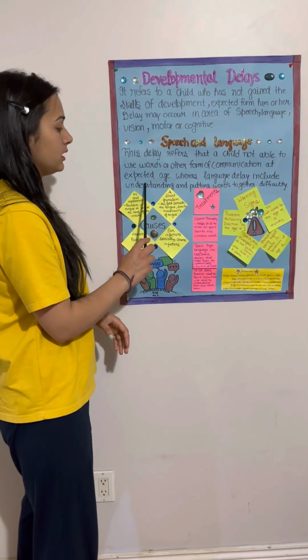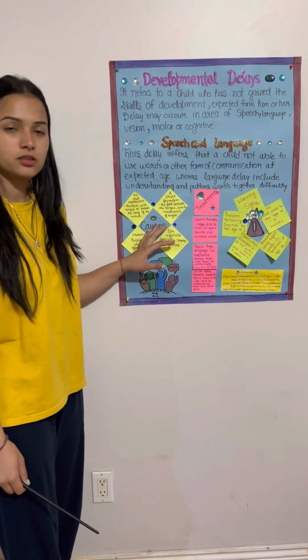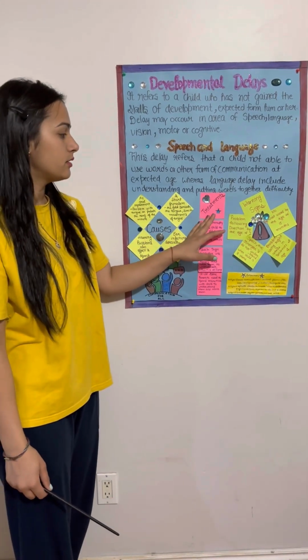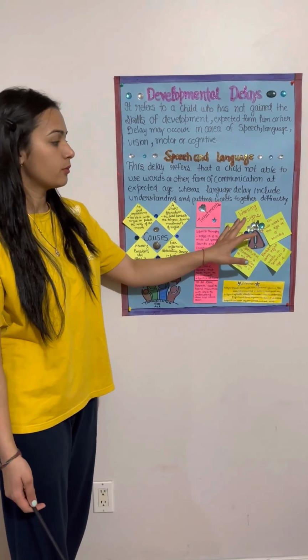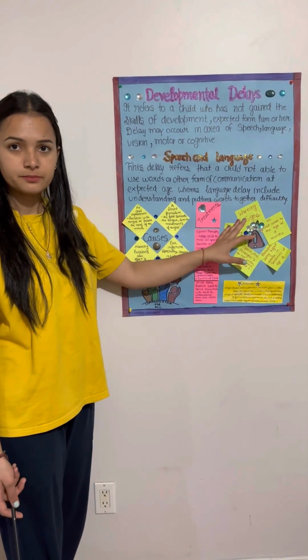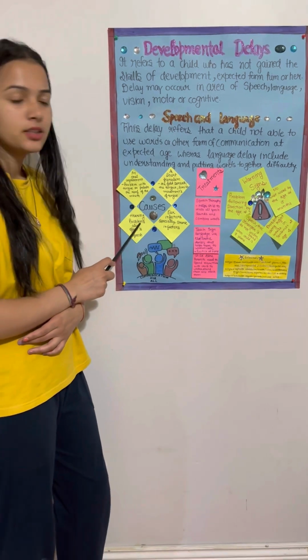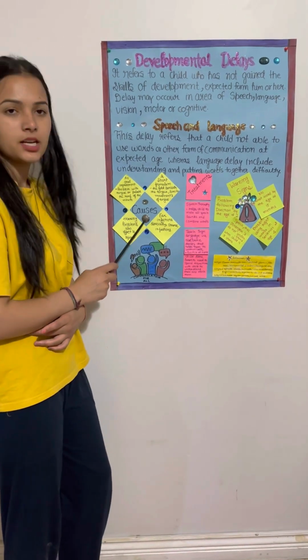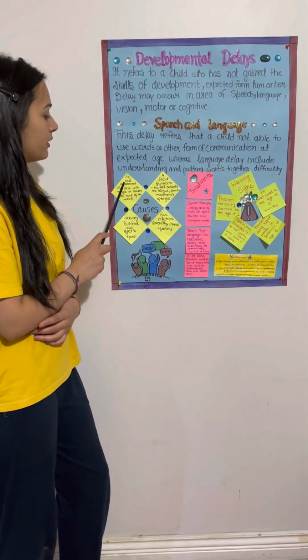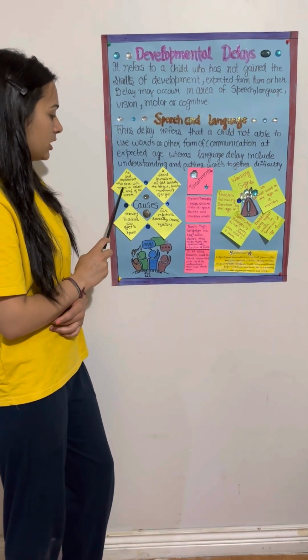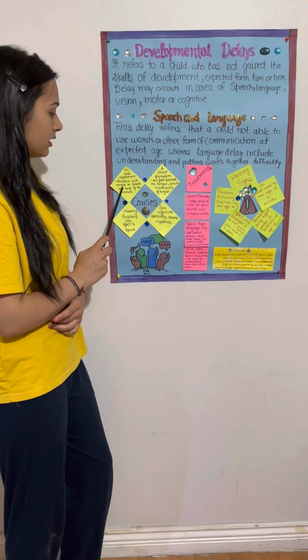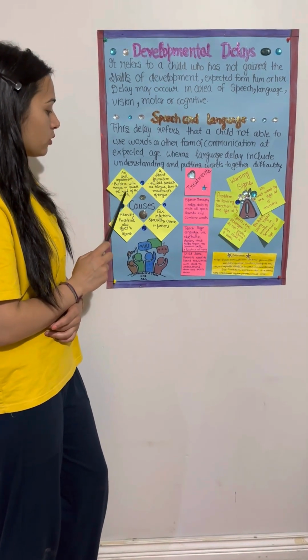So mainly we need to know the main causes of it, how we can treat it, and how we can detect it, what the warning signs of it are. Now we will start with the main causes of speech and language delays. So the first is an oral impairment. In this problem, children have a problem with the tongue or palate, that is the roof of the mouth.